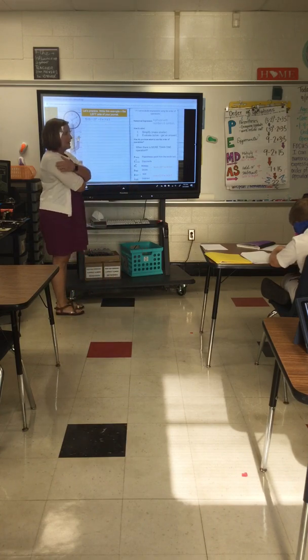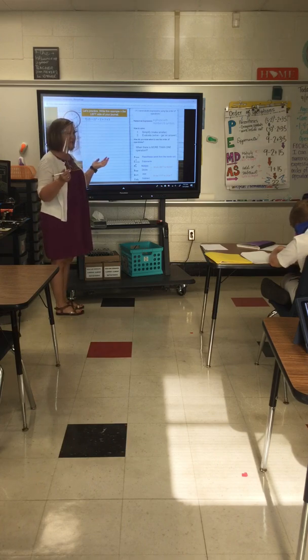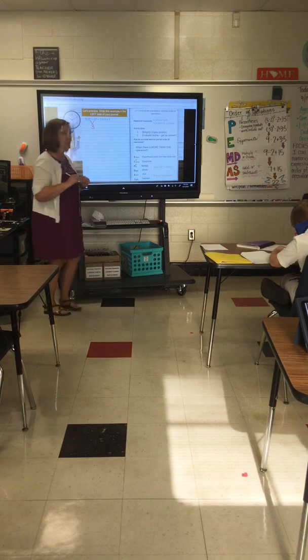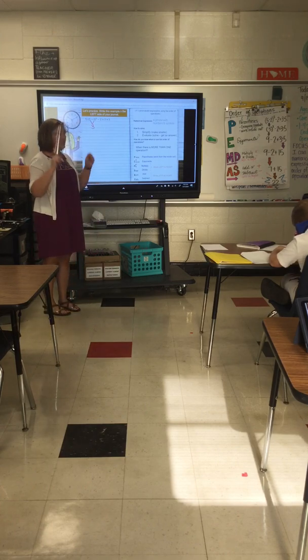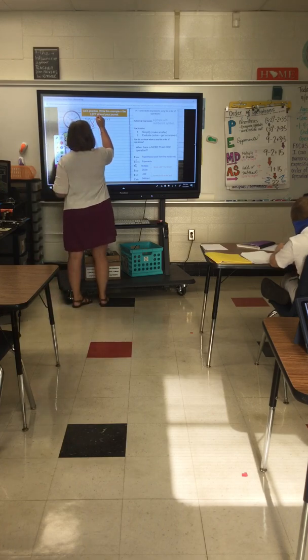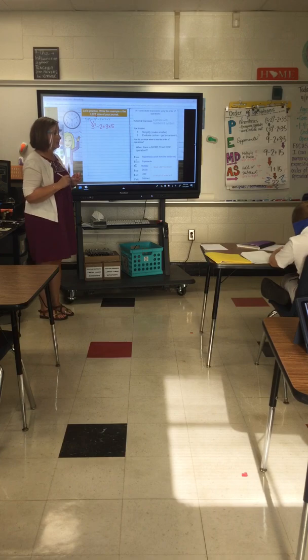All right, PEMDAS, what am I going to do first? 5 minus 2. What is 5 minus 2? 3. So I'm going to do this first, and I'm going to write a 3. Then what do I have to do? Bring everything else down. Do not forget the exponent. Am I finished with my parentheses?